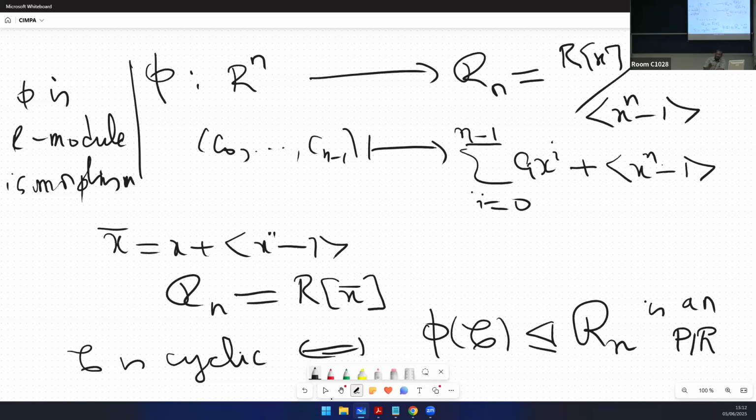In short, a cyclic code is an ideal of the principal ideal ring Rn.